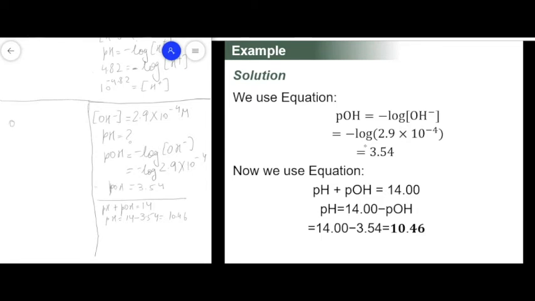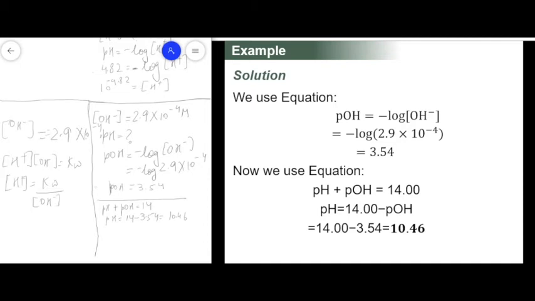I know that OH ion concentration is 2.9 times 10 raised to the power minus 4. We also know that H ion concentration times OH ion concentration equals Kw. So if we want to figure out our H ion concentration, that would be Kw divided by OH ion concentration.